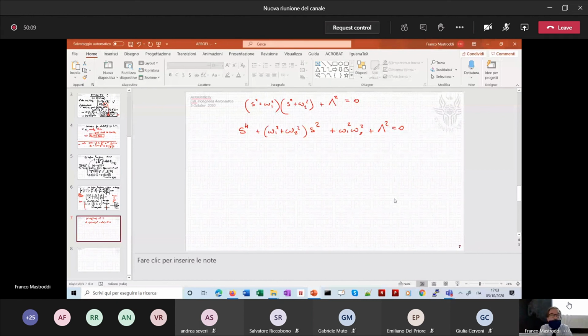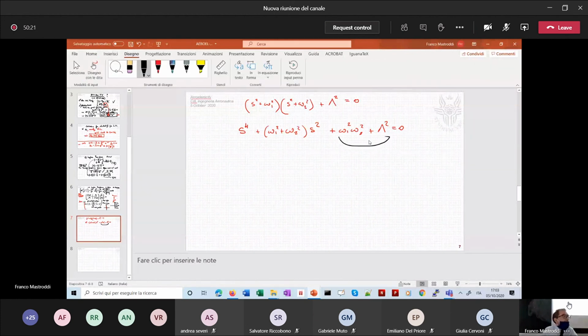The condition to have a steady pole, a zero pole in the origin, the necessary condition is that this term be 0. Okay, but this term being 0 means lambda equal to minus omega 1 square omega 2 square, right?